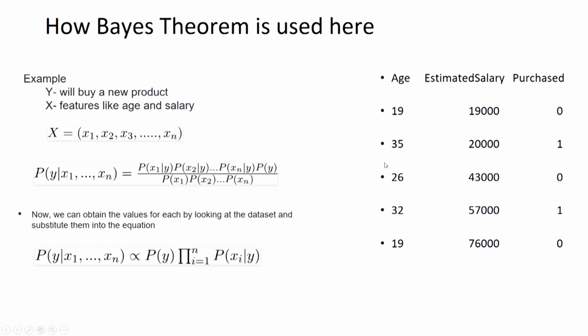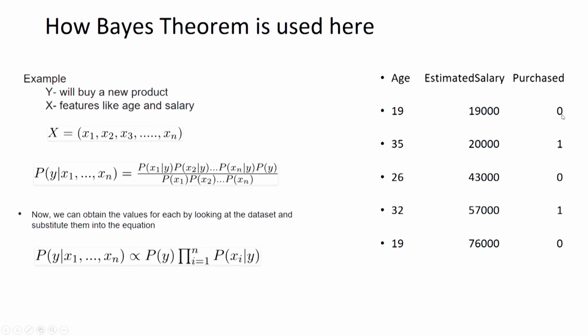Suppose this is a data set of a few persons, where age is one of the independent variables, and estimated salary is another independent variable, and there is some product, and whether the person has purchased that product or not is represented as the purchased attribute.